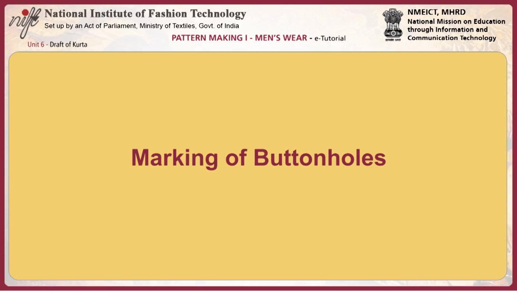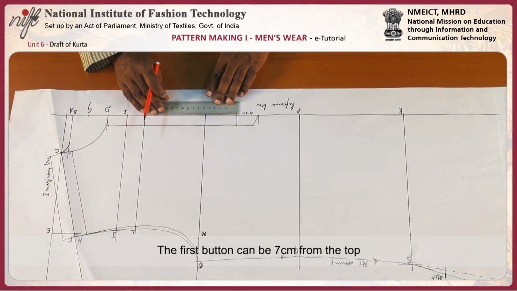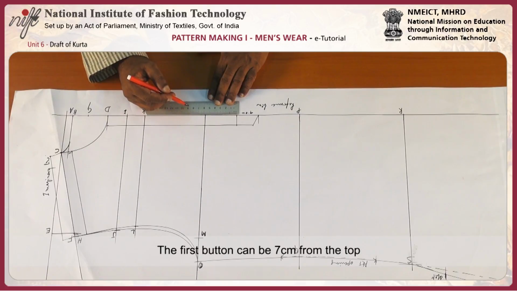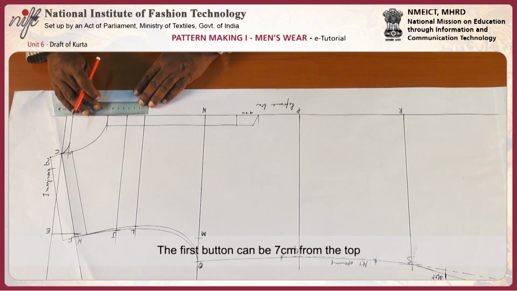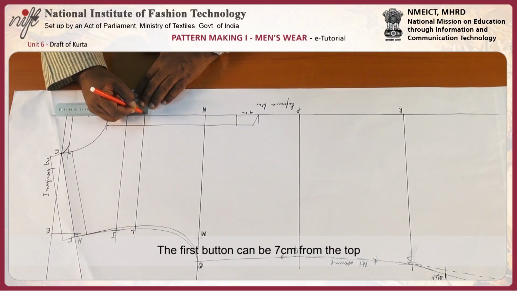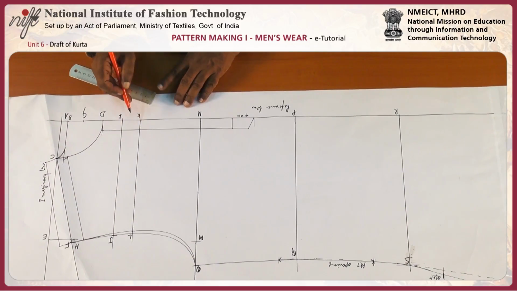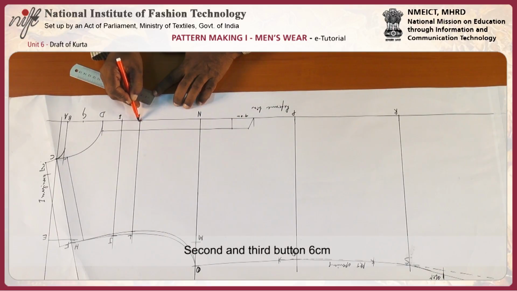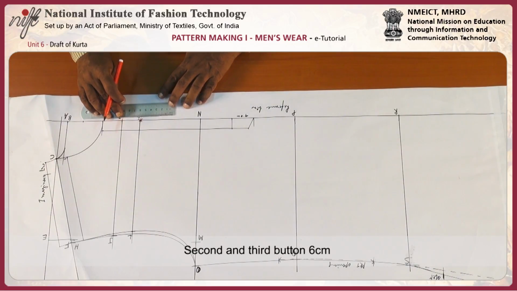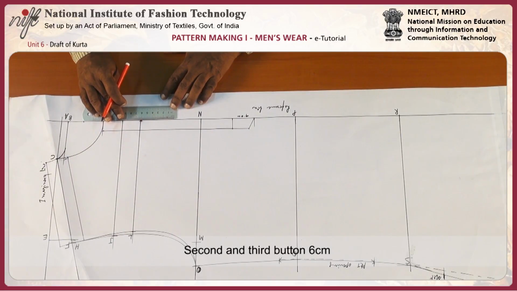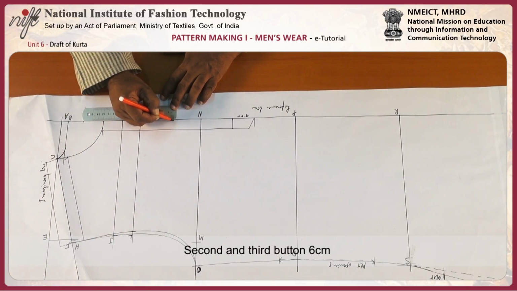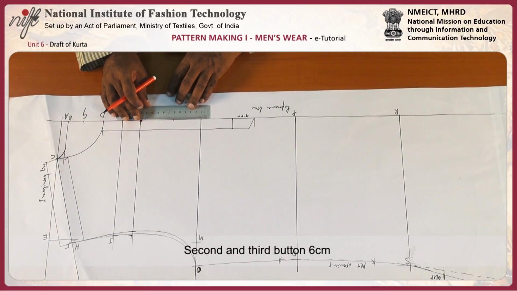Marking of buttonhole. In the kurta placket we can mark 3 buttonholes, which is a bit closer than the shirt button placements. The first button can be 7 centimeter from the top, I am just indicating with the red cross mark, then 6 centimeter for the second and third.